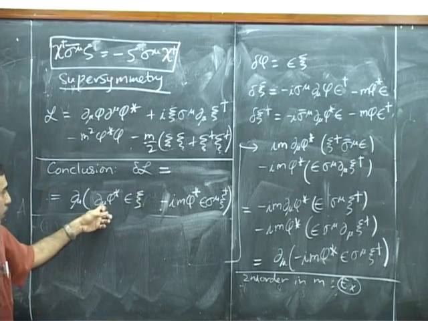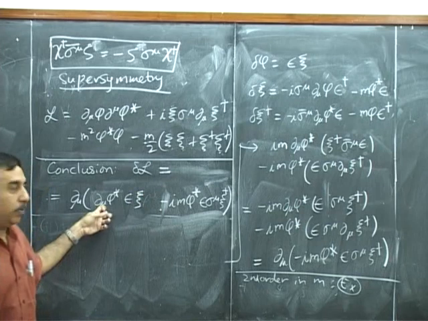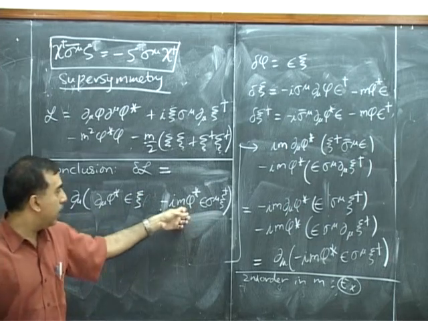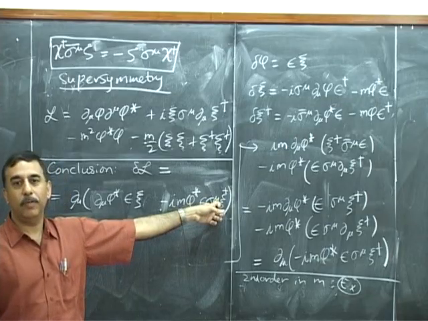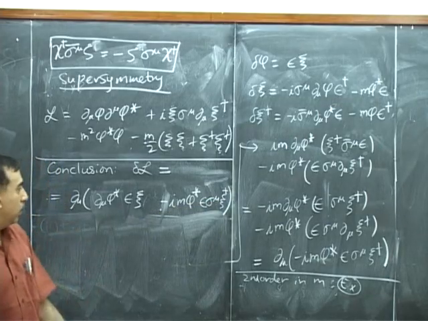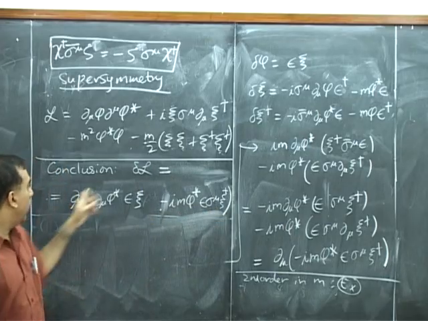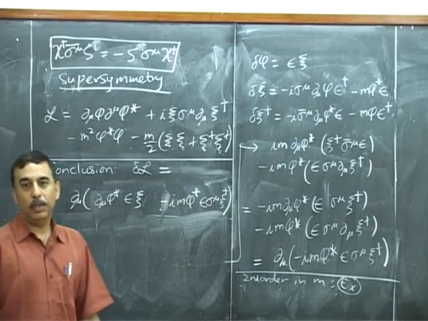In one term you see the dimension and the vector index are coming from a derivative. In the other term the dimension is coming from M and the index is coming from a sigma. Because this has to be a vector, because del of L has to be d mu of J.